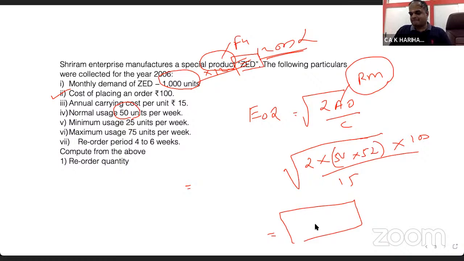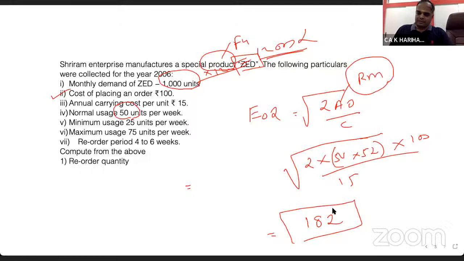So the answer is 186 units. So always remember, with respect to economic ordering quantity, we need only raw material data, not finished goods data.